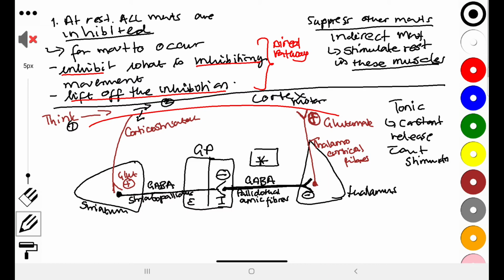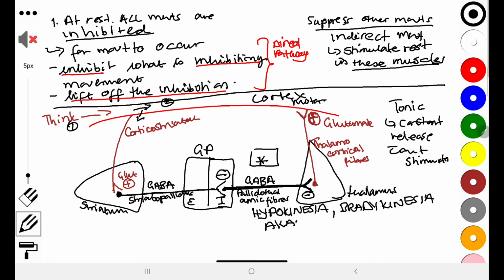So if you want to lift your finger, you think, let me lift my finger, that will not happen. And because what you want to happen is not happening, it is hypokinesia. So you will notice hypokinesia or reduced activity, also known as bradykinesia, or no movement at all, akinesia.